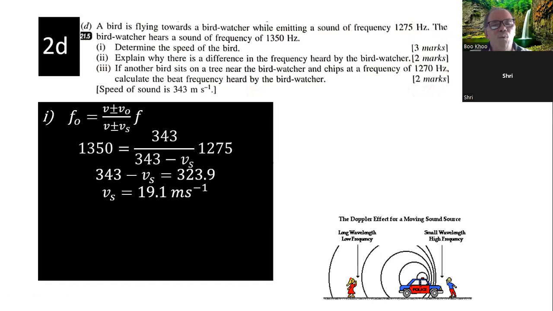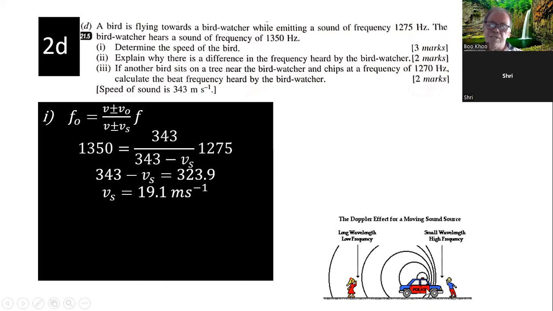Explain why there's a difference in frequency heard by the bird watcher. I tend to disagree with the answer in your book because it used more calculation. You can use that if you prefer calculation, but I prefer to just imagine this diagram. Here's your bird, there's your observer.